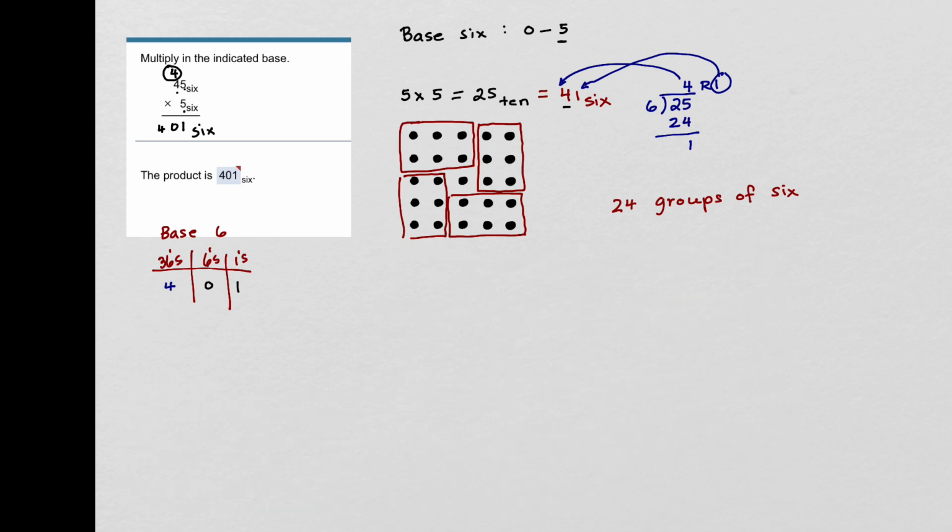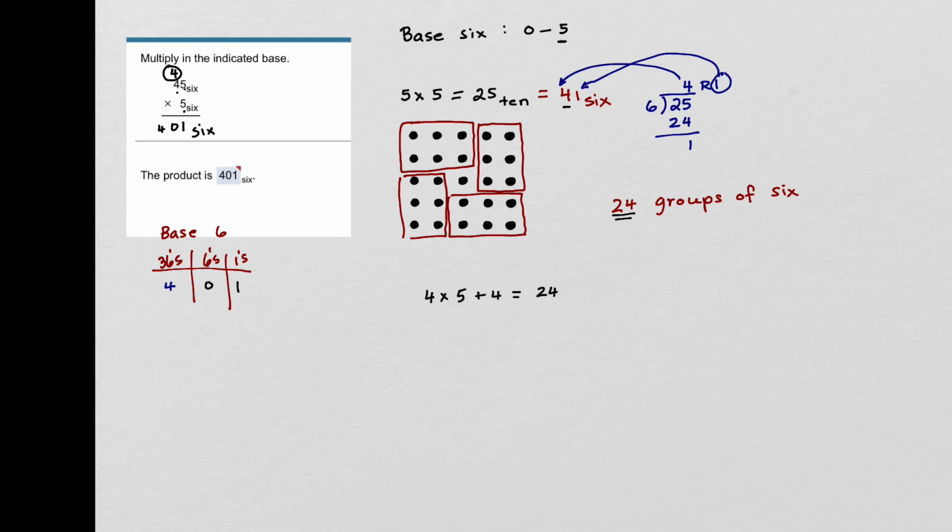So if I look at this and I say, well, I have 4 in the 6's place times the 5 in the 1's place, and then I add the 4 that was carried, that's how I get 24. So you notice it's the same number, whether I look at the number of groups of 6 or I just multiply and add like we normally do in regular multiplication.